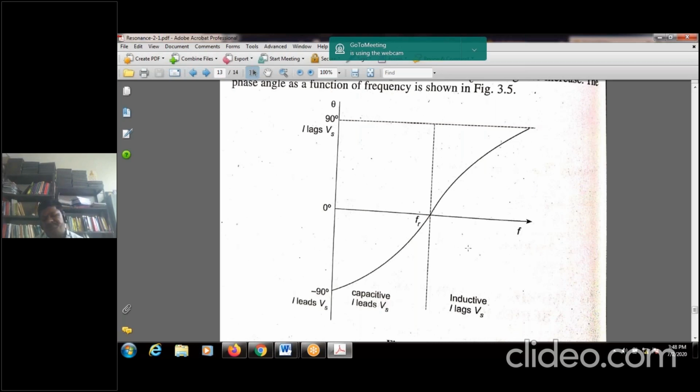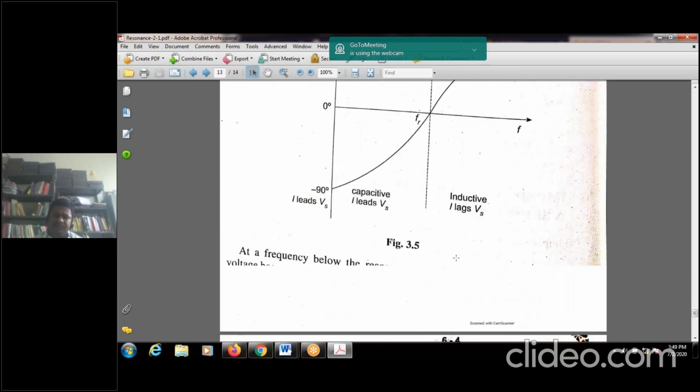For F greater than resonant frequency, inductive current lags voltage. Okay, this is the capacitive response and this one is the inductive response. Correct? Here this one is capacitive, current leads. Here this one is inductive, current lags.